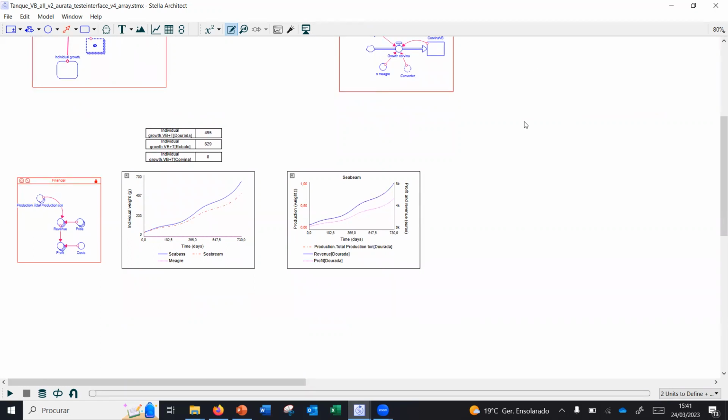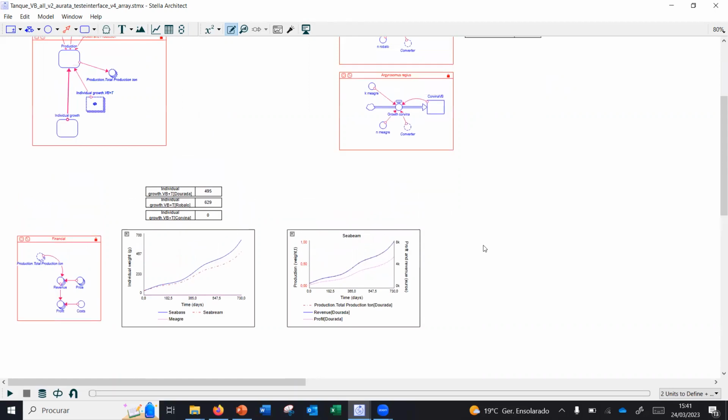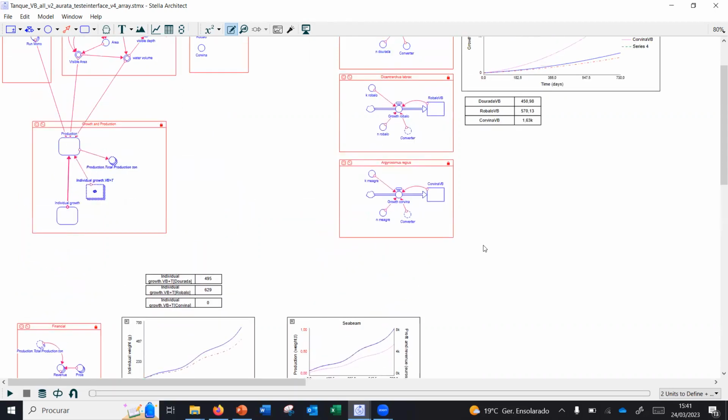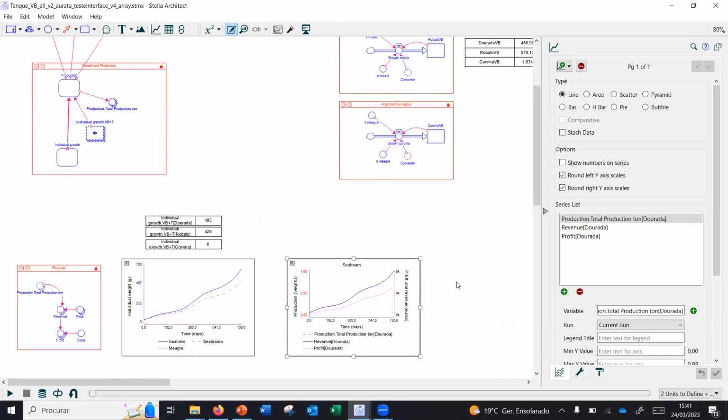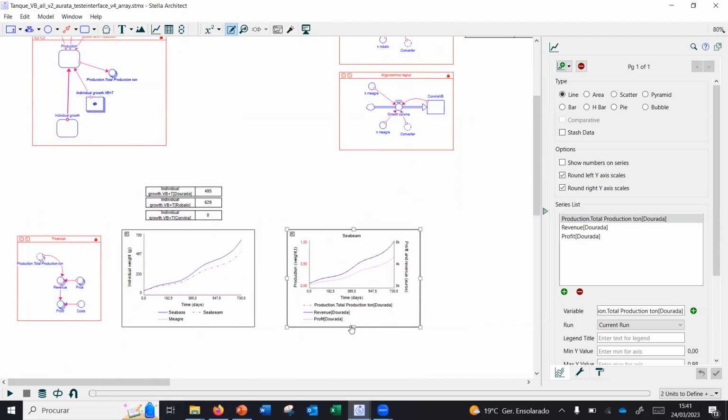In fact, we have some more work in progress. We are working hard on the model, and we are including also the income, because it's not very difficult to include the income, knowing the price of the fish. Yes, you have here the revenue. This is one example.